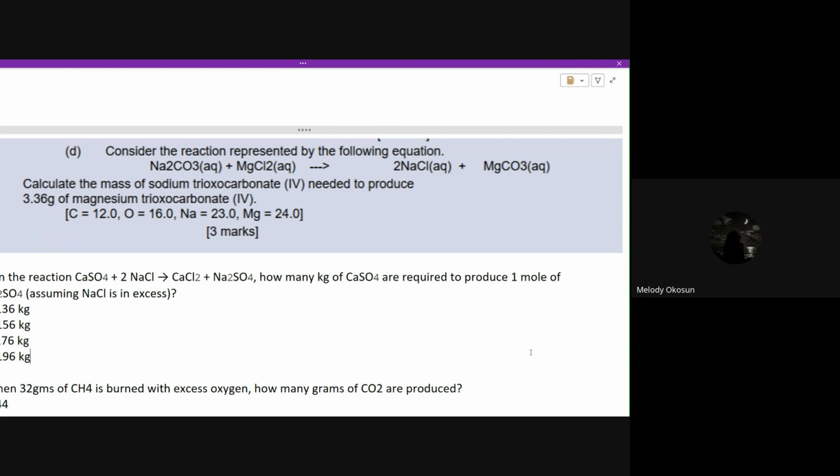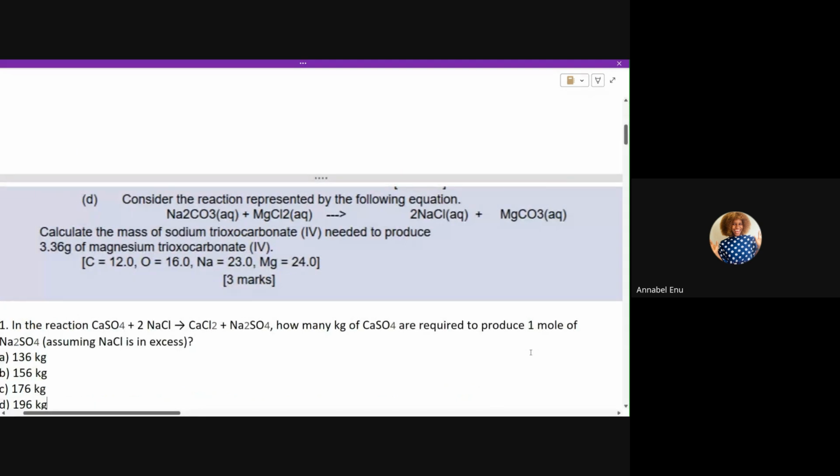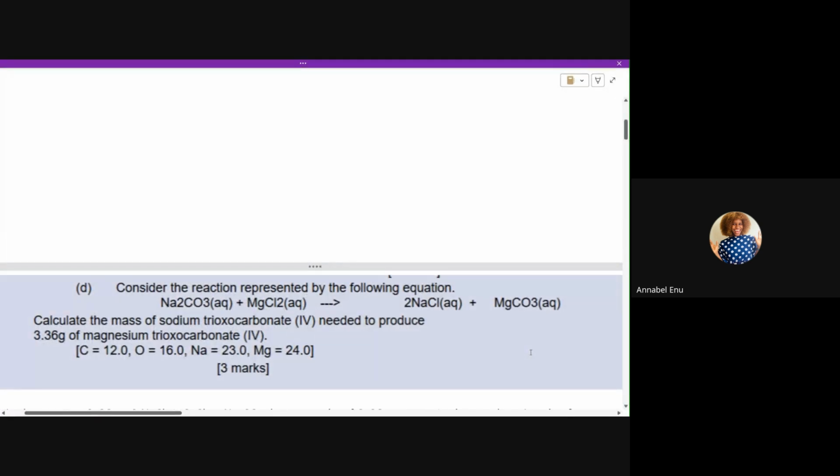Yes, ma. Winner, I think your network is disturbing you. Melody, have you gotten the answer? Maybe you could try logging in again, Winner, or you have recourse to the recording. Melody, have you gotten the answer?